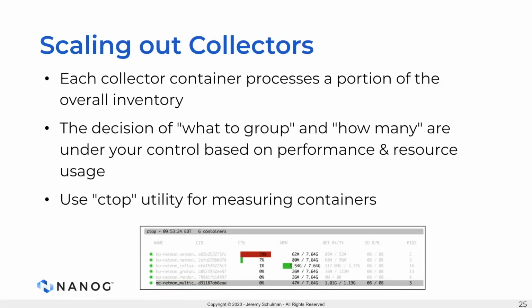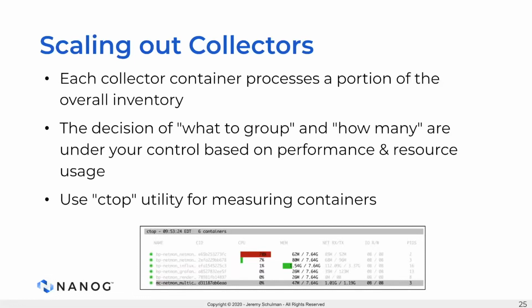So the idea was to decide how I want to slice and dice my inventory. The way the NetPaka control files work, you can decide which devices to include in a collector container based on the criteria or metadata of the devices.